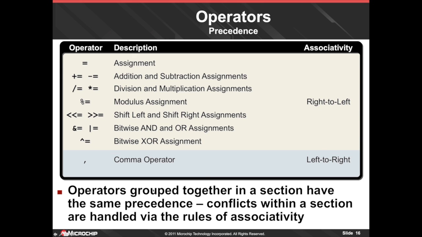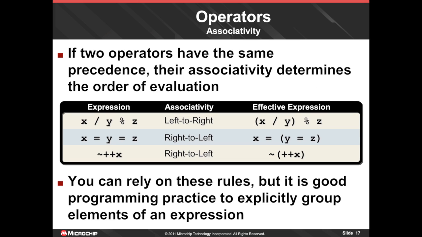And then on to the last slide, we have another big group of operators with the same precedence at the top here, and then the assignment operator and all the compound assignment operators as well. On this last slide, if we take a look at 2 operators that have the same precedence, their associativity determines the order of evaluation.